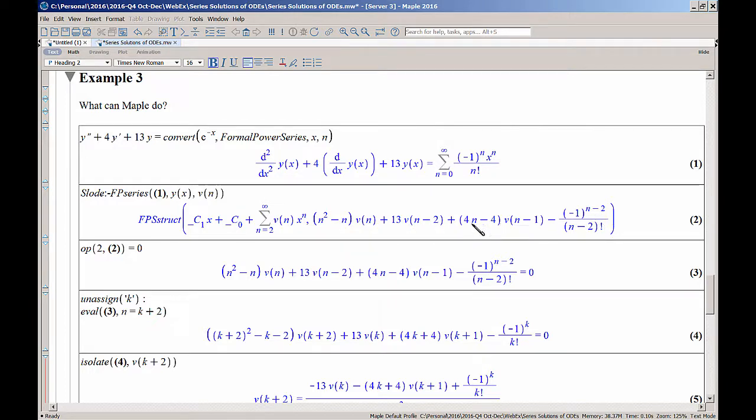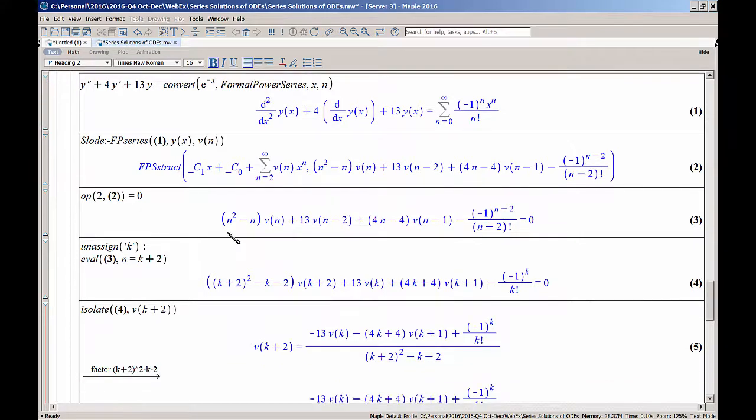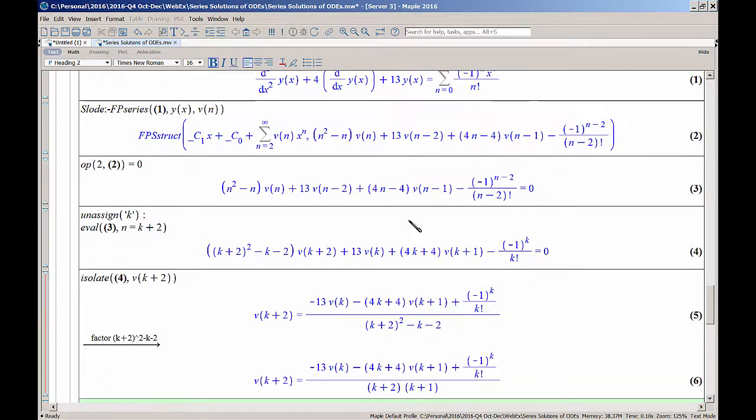This, when set equal to 0, gives the recursion. So this operand command reaches in here and grabs the second item from equation label 2, sets it equal to 0, and then we want to solve this eventually for the highest indexed v.